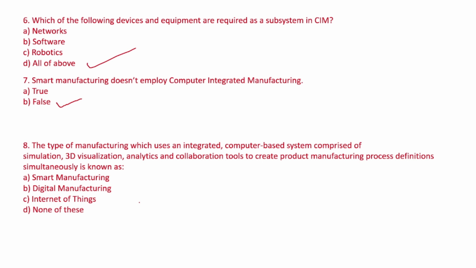What is the right option for that question? Digital manufacturing. Yes. So digital manufacturing only uses that integrated computer-based system, comprised of simulation, 3D visualization, analytics, and collaboration tools to create the product and manufacturing process.